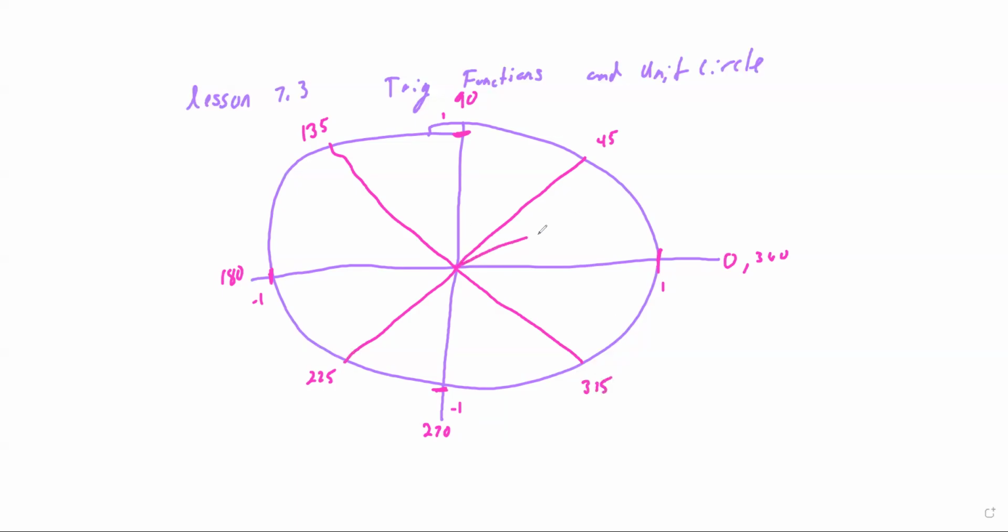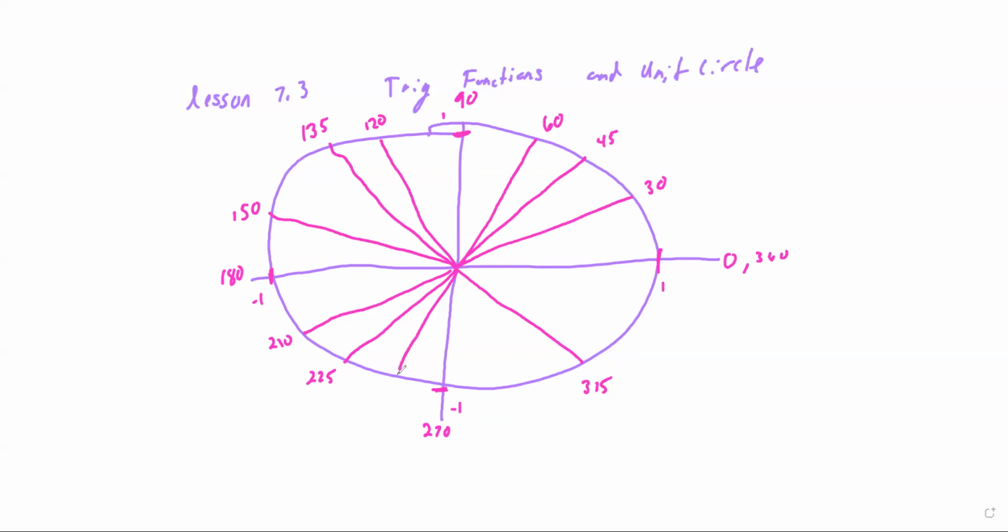After this point, we have these knowns as 30, then 60, 90, 120, 150, 180, 210, 240, 270, 300, 330, 360. So those are all the angle measurements for degrees.